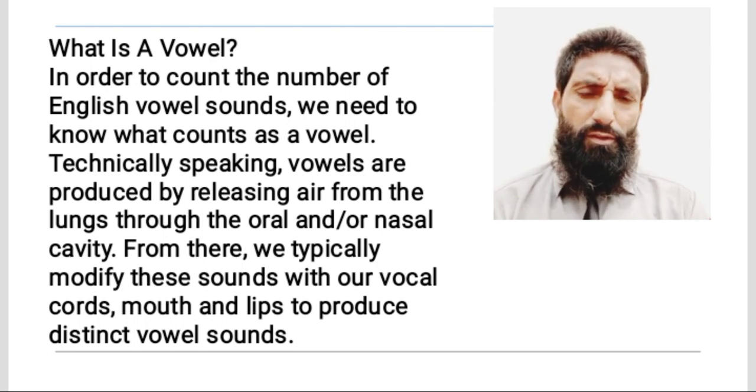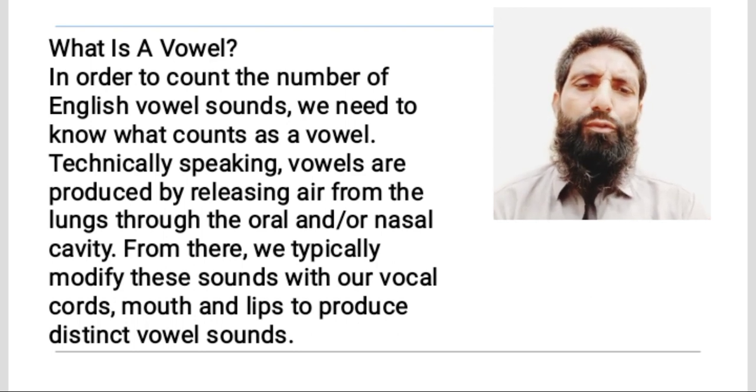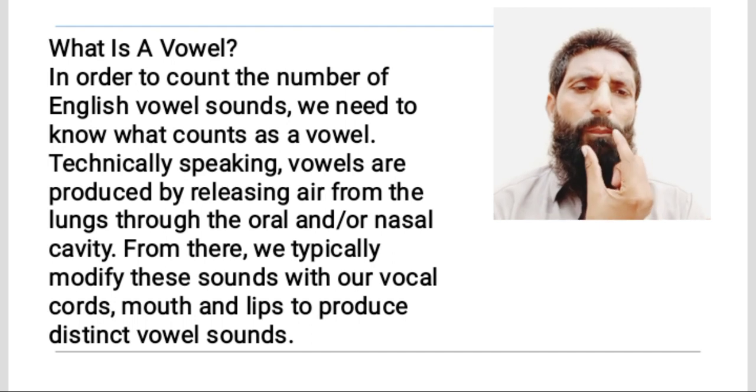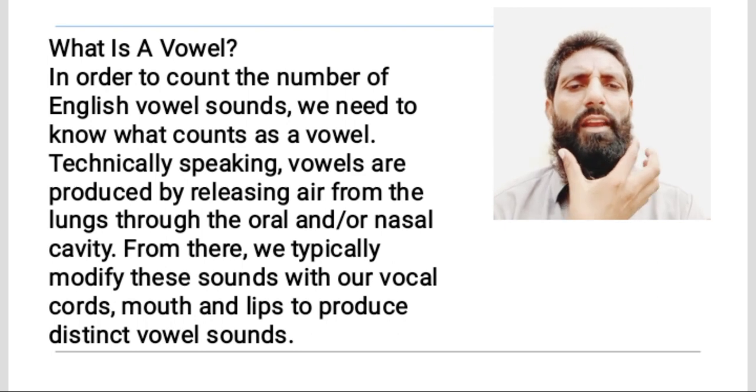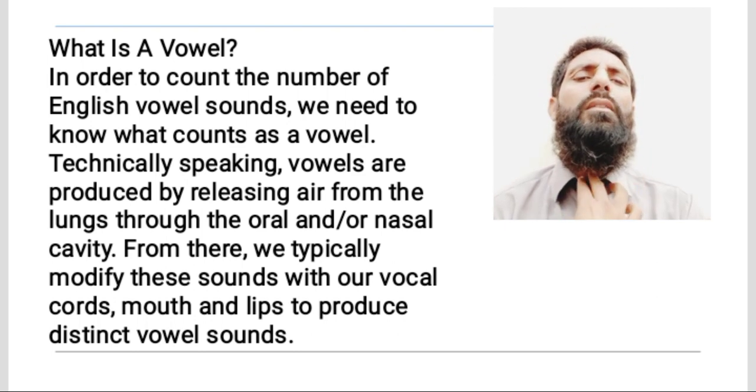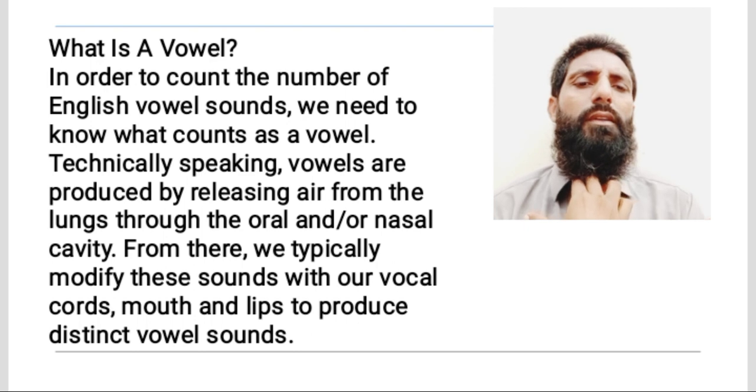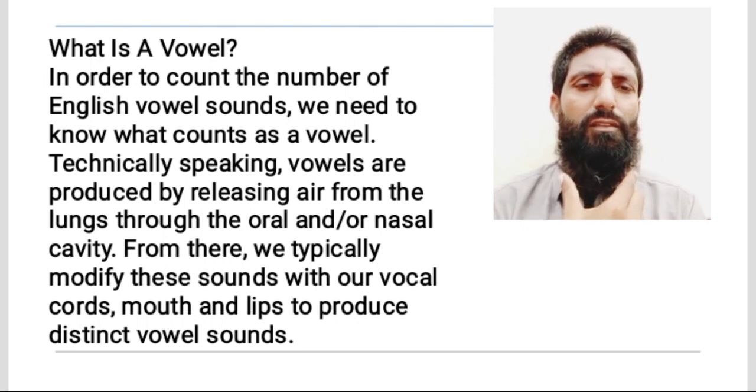From there, we typically modify these sounds with our vocal cords, mouth, and lips to produce distinct vowel sounds. Here, you have to notice that when I am talking to you, there is a particular type of movement for my lips, and the jaws are also involved in the production of the sounds, and it entirely depends upon the vocal folds. So all these things take part in making the sounds clear.